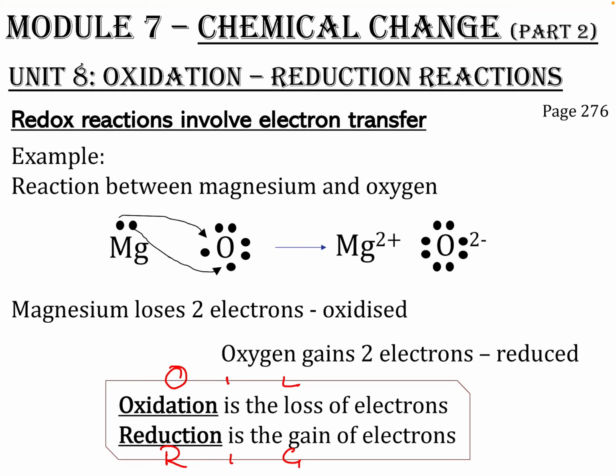Okay, now also once you finish this video on Teams, there is a video called revision of redox reaction. It's a really nice animation which shows you how this all works in a nice way that makes it easier for you to visualize, okay?